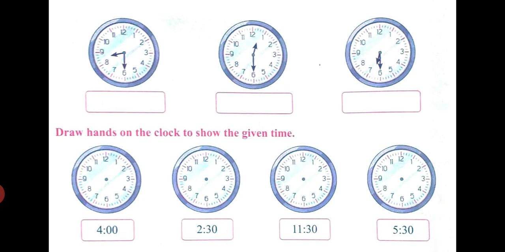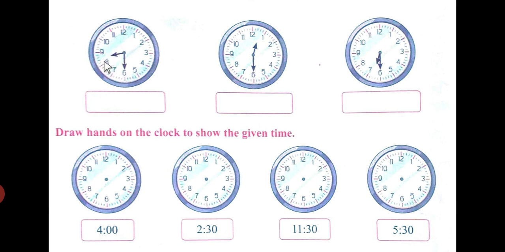Let's see another thing. You can see this clock. The hour hand is between 8 and 9 and the minute hand is at 6. So you will write the answer 8:30. You can see the time, 8:30.